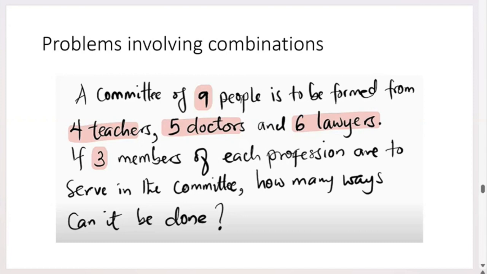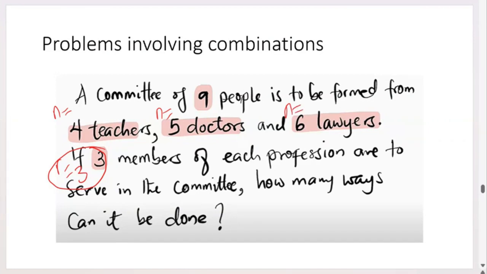It means of each profession you want 3 members for the committee. That means your R, what you are choosing, is equal to 3. And then here, what is your N? You've got the N for teachers, your N for doctors, your N for lawyers.